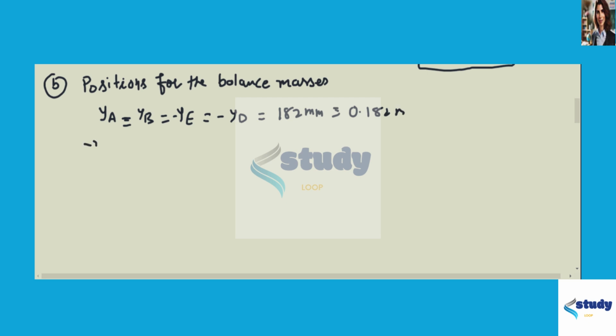Similarly, minus XA, the x coordinate of points A, B, E and D, is 75 millimeter or 0.075 meter.